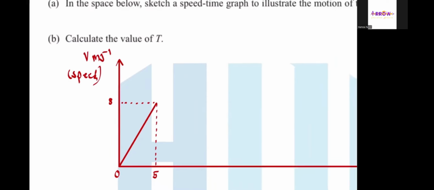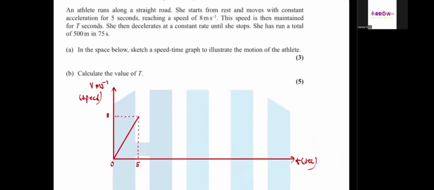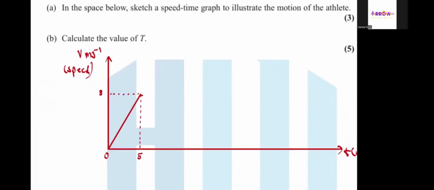All right, and what she does is she maintains this steady speed. This speed is then maintained for t seconds. So the time is now from t equals 5 till t equals 5 plus t, and here we will have a horizontal line.